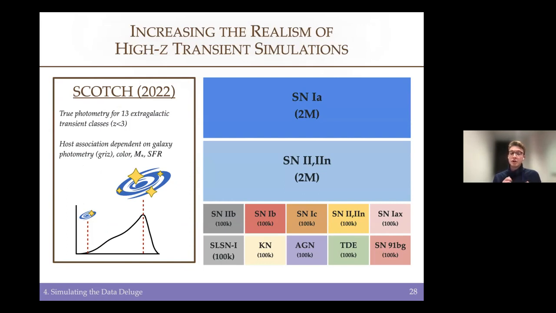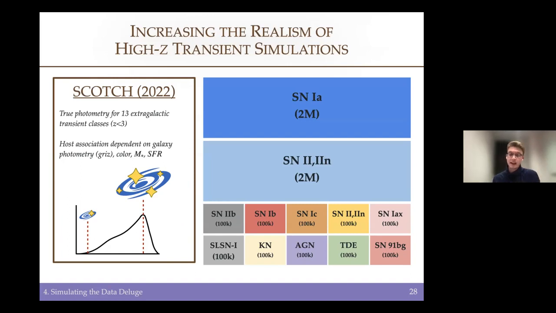We took 13 extragalactic transients and their models from PLAsTiCC, although these have been updated since the original PLAsTiCC challenge was run. And we associated each transient with a host galaxy, taking into consideration literature-based correlations with photometry, color, and derived properties like star formation rate and stellar mass.